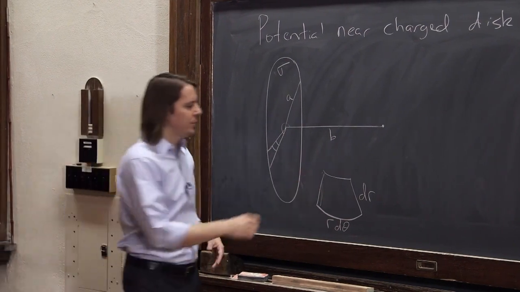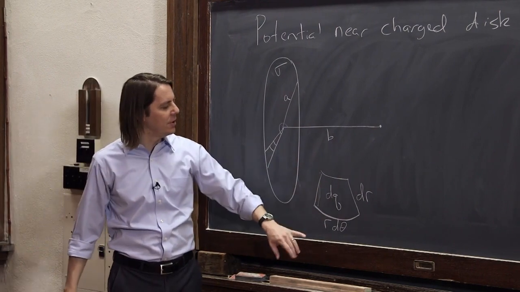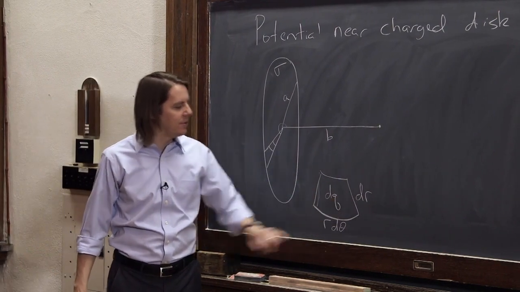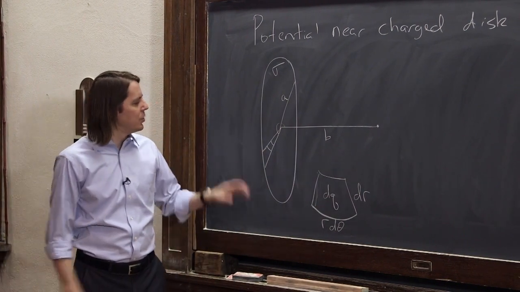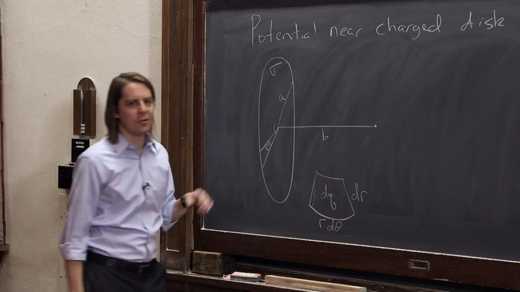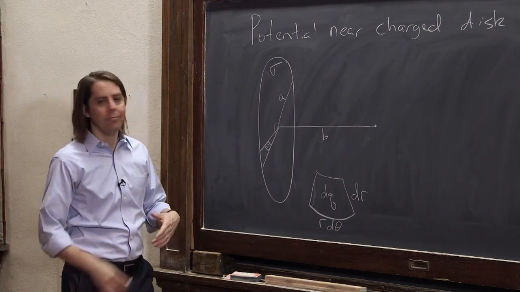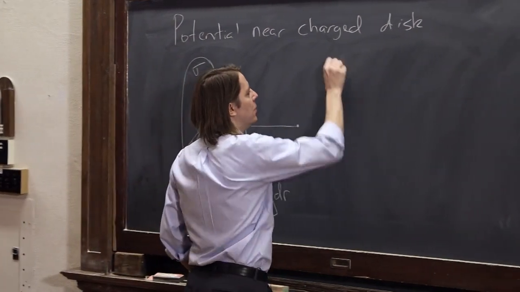So our differential charge dq is just the charge density times this area, and this area is r dr d theta. That's how we usually say it. It's dr times r d theta. So we're going to take each of these little differential surfaces, little dAs, turn them into dqs, and just do our integral. So let's think about the differential potential dV.